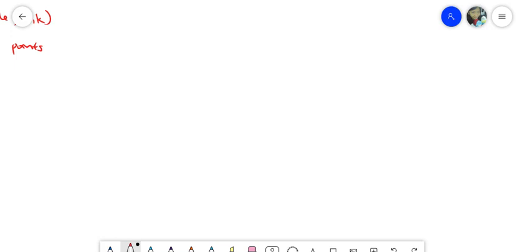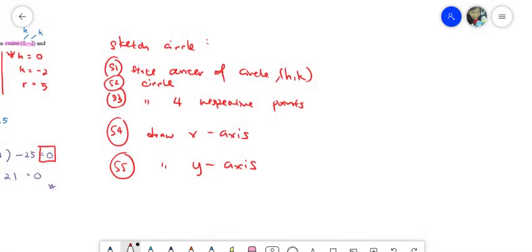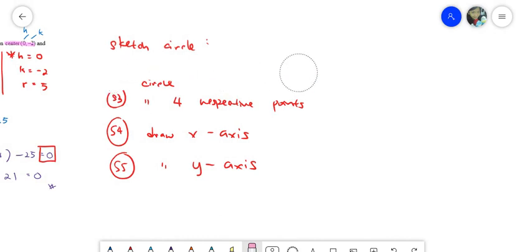Maybe if you think that it's hard for you to state first, you can just draw. It's not a problem. The routine of the steps does not have to be in order, but you must have all the elements involved. So let's say some of you want to draw a circle first.